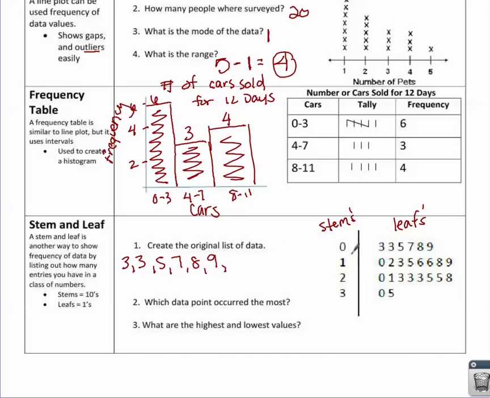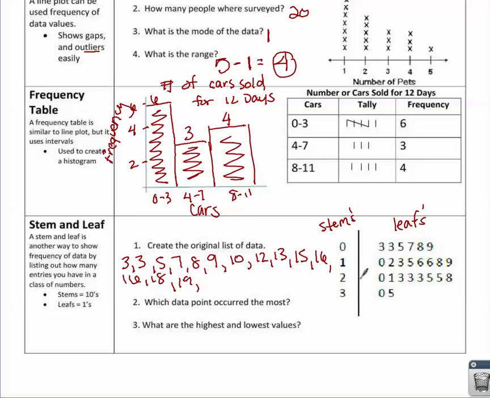Then you look at the next column. So this is 0 plus 10. So 10, 2 plus 10. 12, 13, 15, 16, 16, 18, 19.